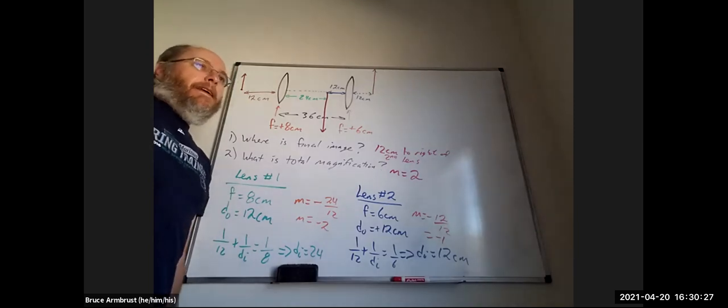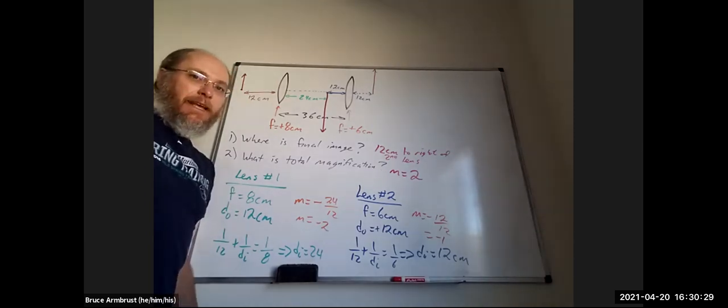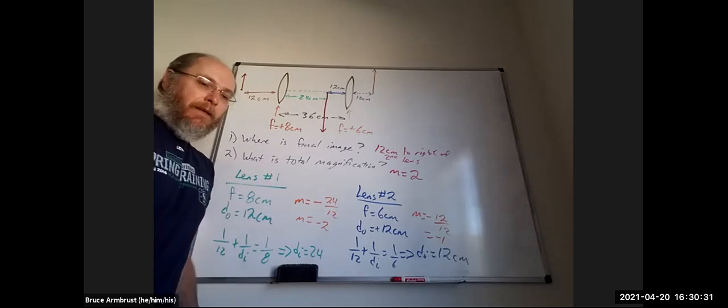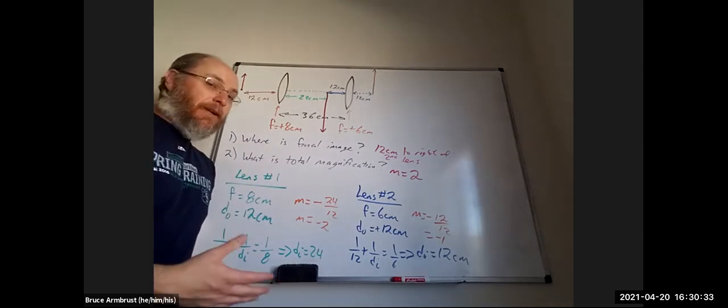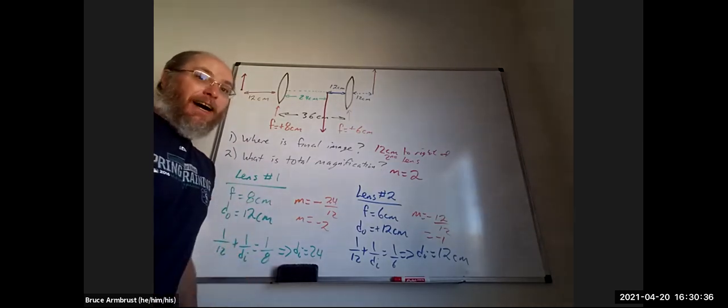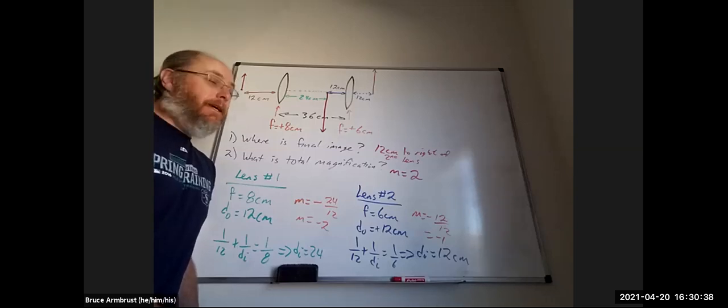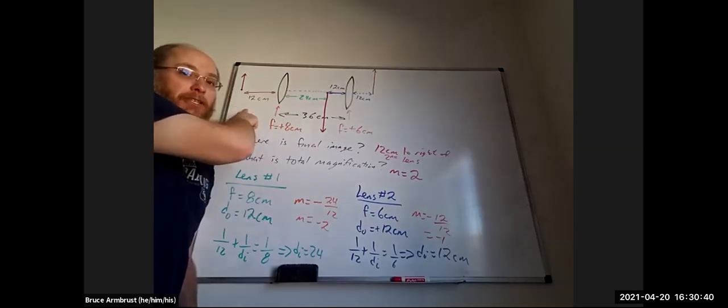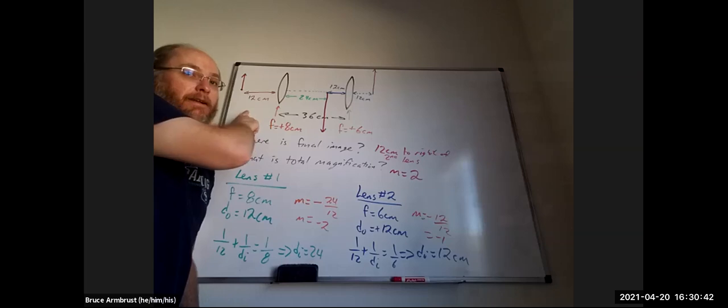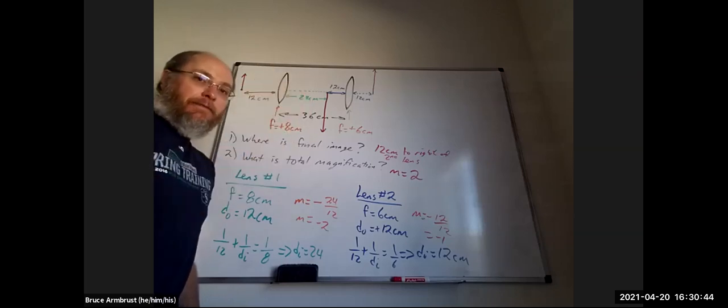So the thing about lenses, when we say the lens does this, it does whatever it does to the specific object that we're looking at. Because if you change this object location, all bets are off in terms of what's going to happen.